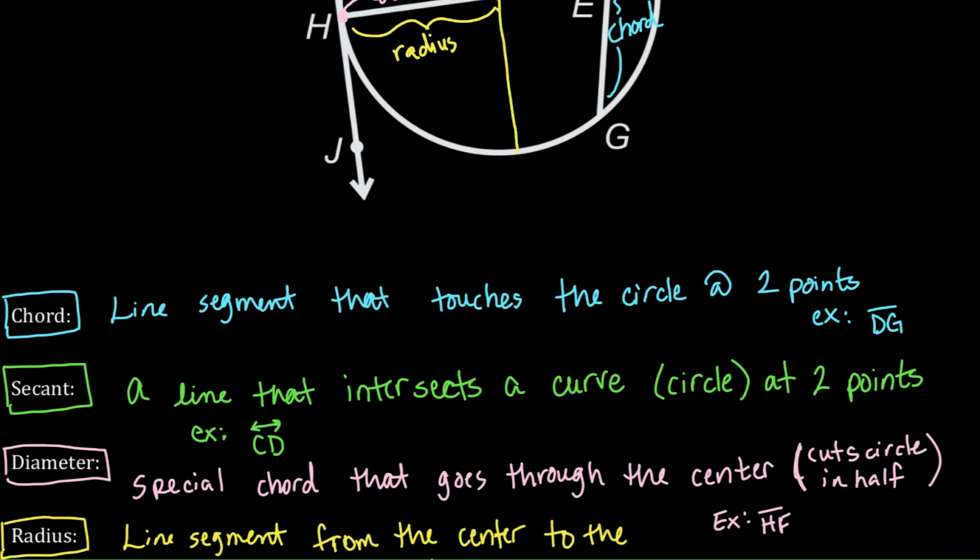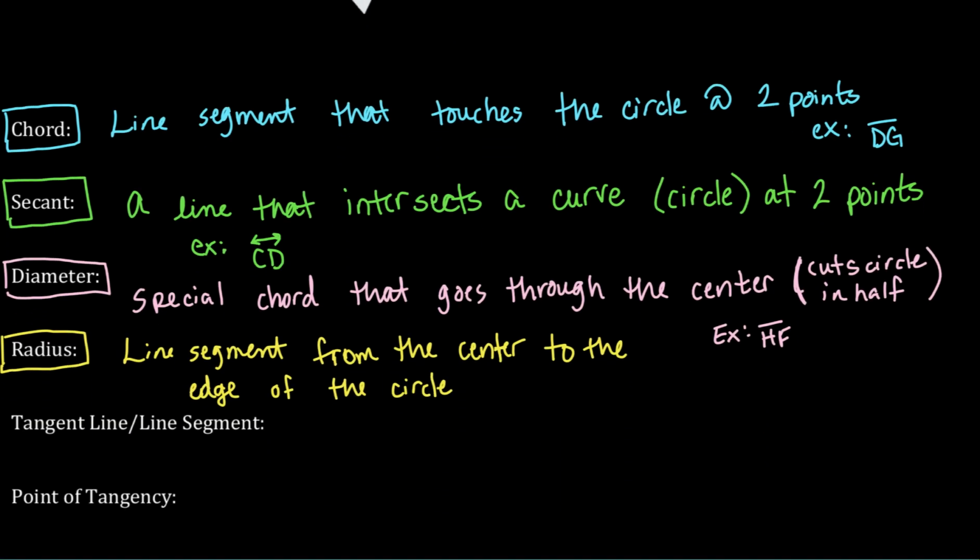All right, 2 more. Let's see if we have any more colors. Orange. No, we can use purple. Let's use purple. So the tangent line, or line segment, basically something that lies tangent. Oh, I was so close. Okay, stop. And then I can go like that.